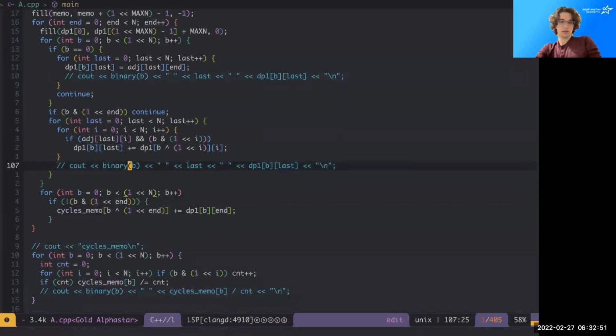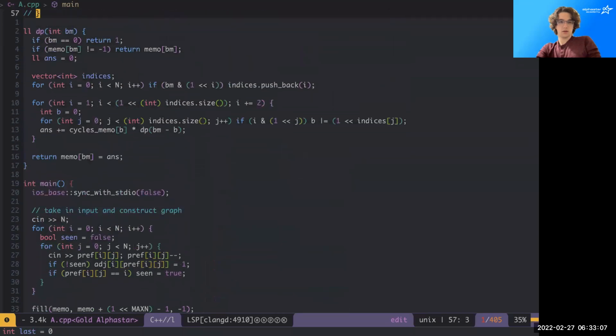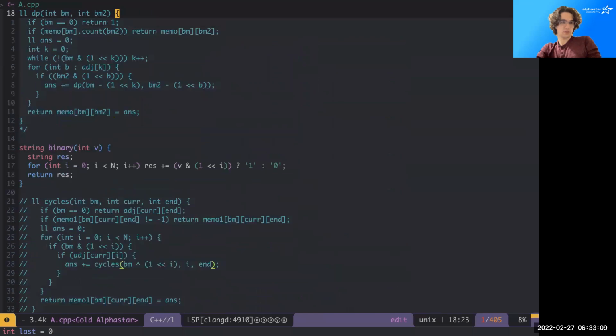Okay, that's something. Is there a way for us to eliminate a factor of n here? There's a few things we can do.